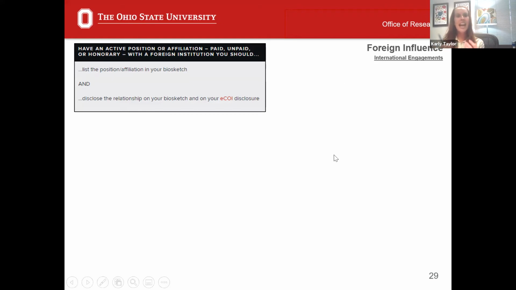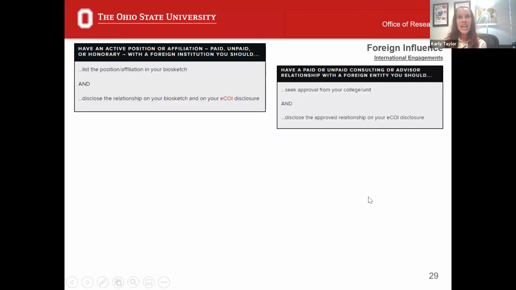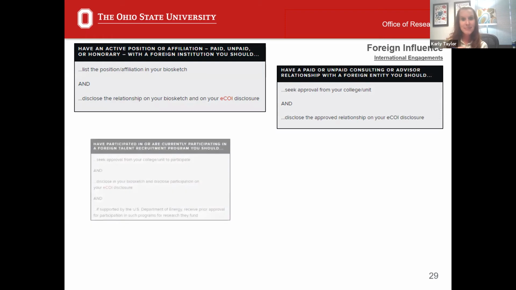If you have an active position or affiliation, paid or unpaid, with a foreign institution, make sure you're listing it on your biosketch and putting it on your ECOI disclosure. Next one, Ben. If you have a paid or unpaid consulting or advising relationship with a foreign entity, make sure you're seeking approval from your chair and dean, and putting it on your ECOI disclosure. Next one, Ben.